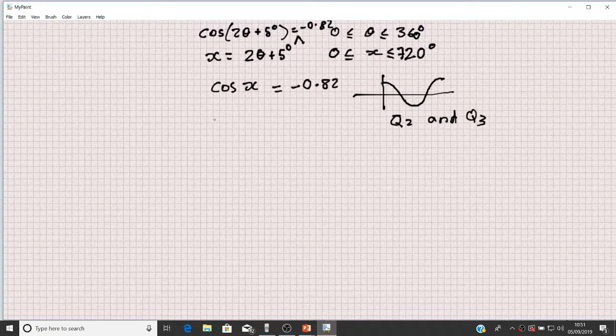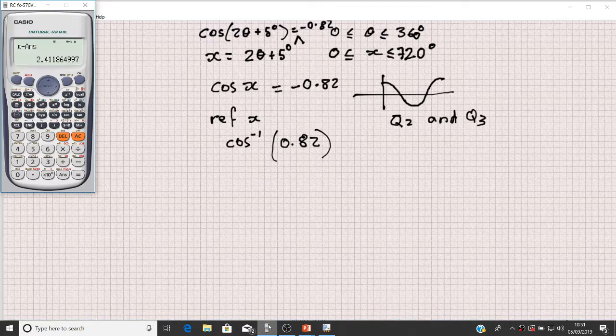So we'll find a reference angle first: cosine inverse of the positive value. And I'll get that up on the calculator. Now I'm just going to switch back this time to degrees, just to keep it consistent with the question.